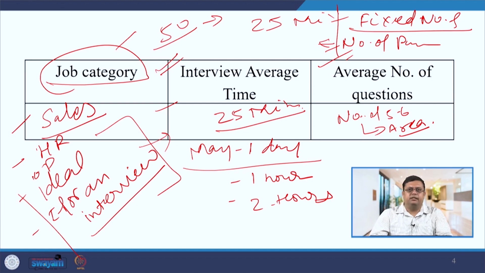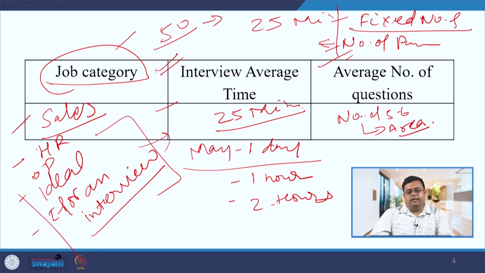So you should be able to calculate average timing and the average number of questions. I am not saying you should instruct the panel to ask only these questions. I am saying you can suggest an average number of questions and the area from which they should be asked, in order to do a holistic assessment of the candidate.